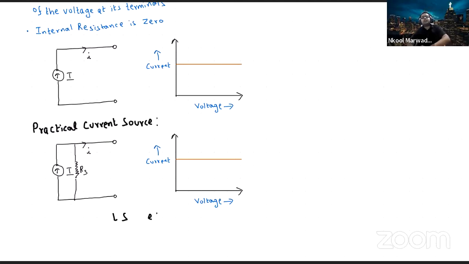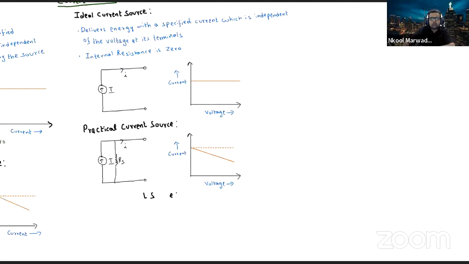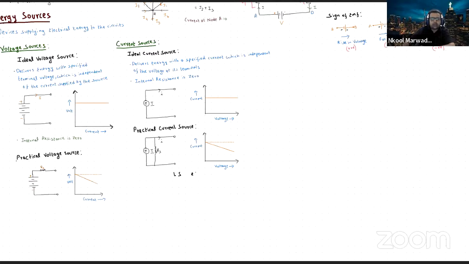And because of this internal resistance, this current source is not ideal. So this is the idea of energy sources.